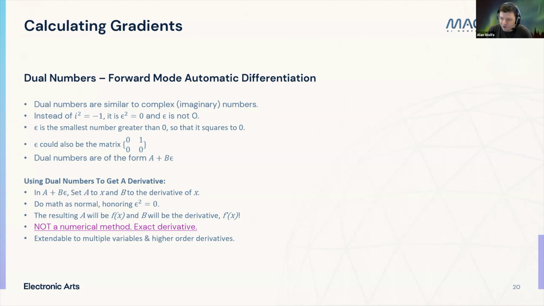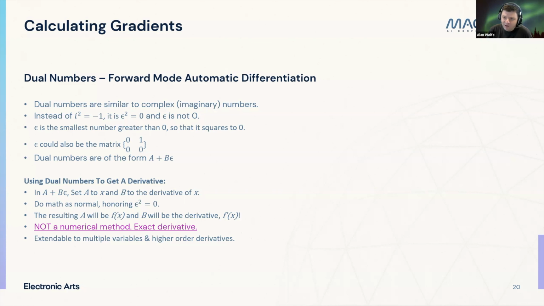So you have your value plus epsilon. Then when you plug that into your equation, you can do math as normal. The only thing you have to watch out for is that if you have epsilon squared or any other higher power of epsilon, you set that term equal to 0. And when you're done doing all your simple algebra, the result will be an a plus b epsilon.